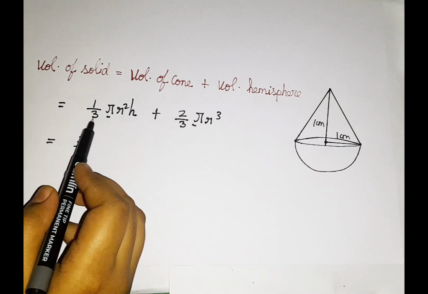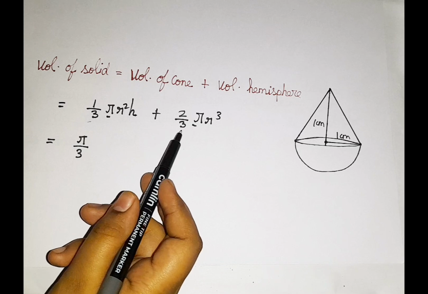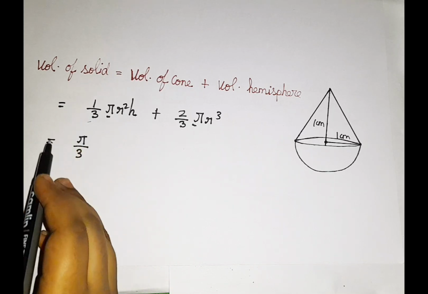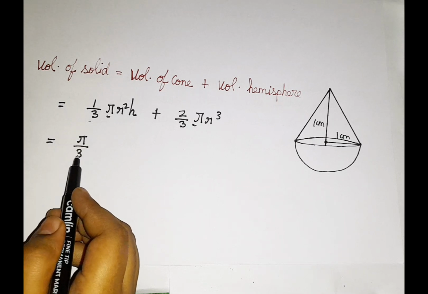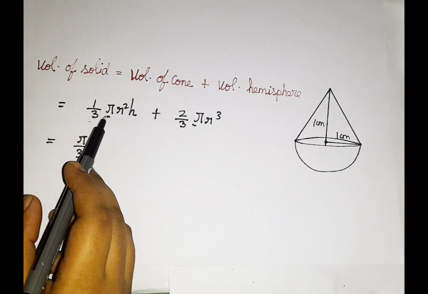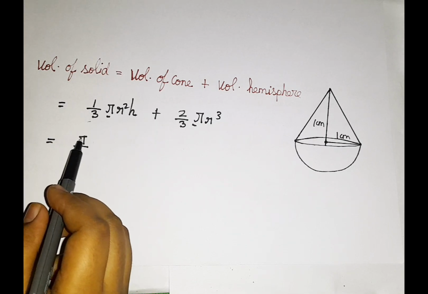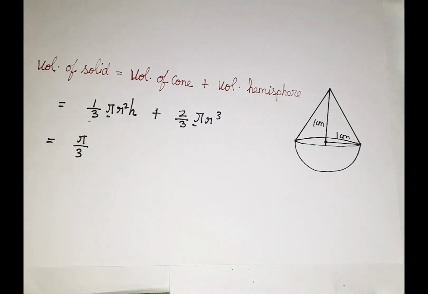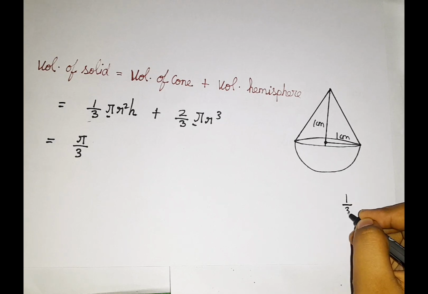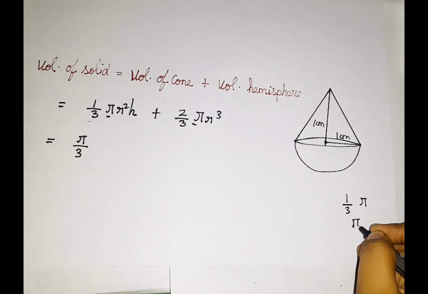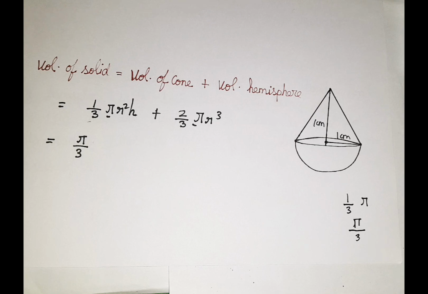Here 3 is in the denominator part, that's why I put the 3 in the denominator, and then I found out that pi is also common. So instead of writing 1 by 3 into pi, we can write pi by 3. It is much better. Likewise I just wrote it.